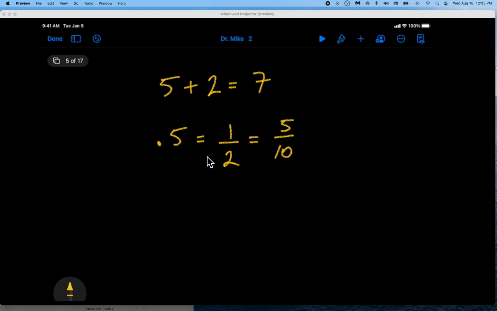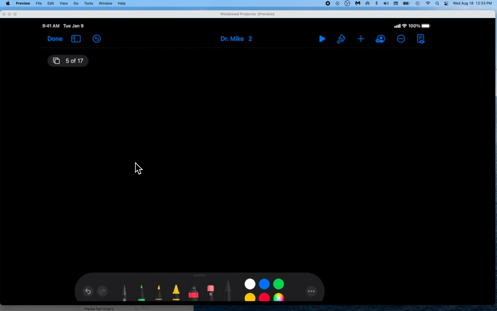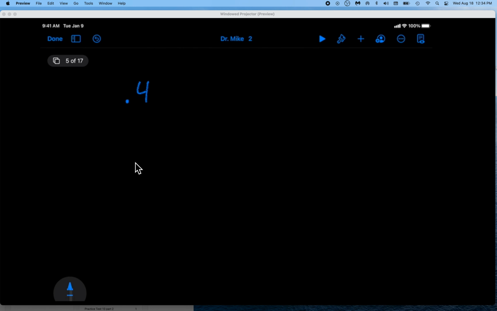They look different, just like 5 plus 2 looks different than 7, but they have the same value. And how do we know that? Because there's an equal sign. So in essence, when you have a decimal, you have a fraction. It just looks different. Same value though. Okay, let's look at some decimals and convert them to fractions. Folks, how would you pronounce that in words?